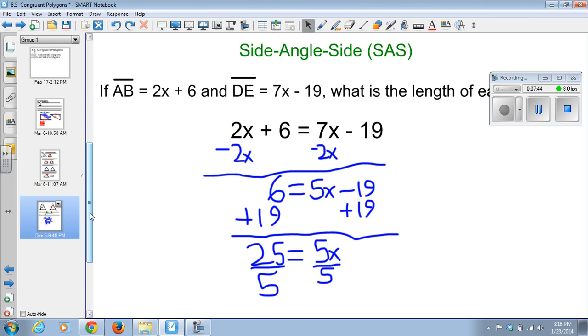So plug in 5 for x. If we plug in 5 here, 2 times 5 is 10, plus 6 is 16. Plug in 5 here, 7 times 5 is 35, minus 19 is 16. The two sides are congruent. This concludes your lesson on congruent polygons.